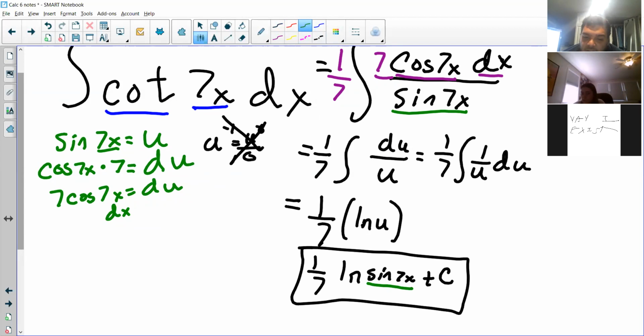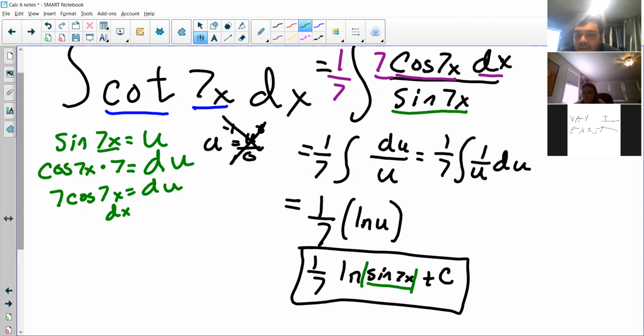Because it's an ln, you technically can only have positive numbers inside, so you should technically put an absolute value there. You will not be taking points off if you got a question like that and forgot the absolute value. But technically there should be an absolute value there because only positive numbers go in there.